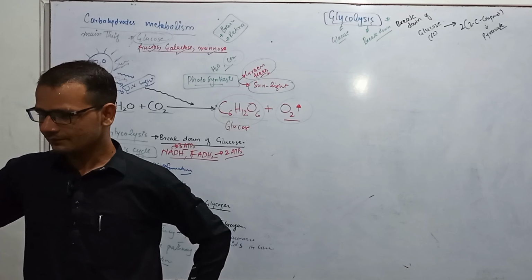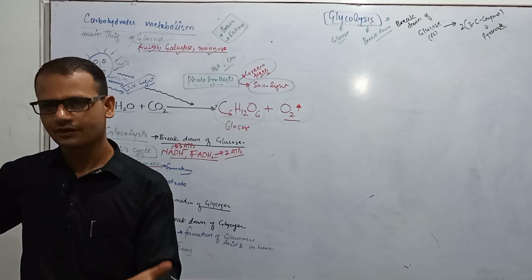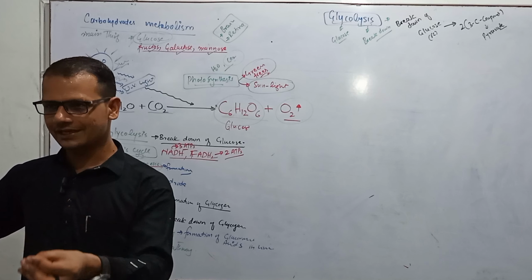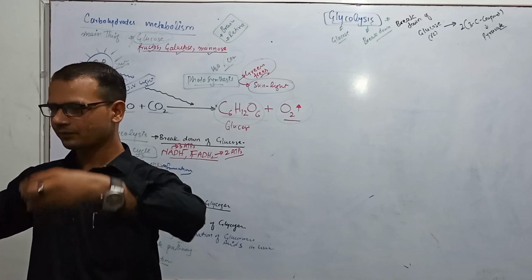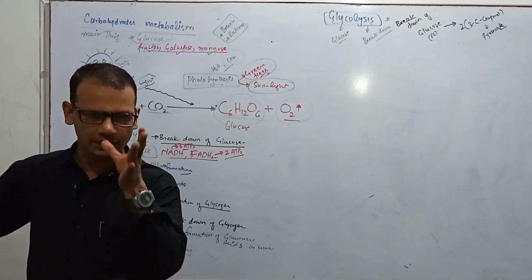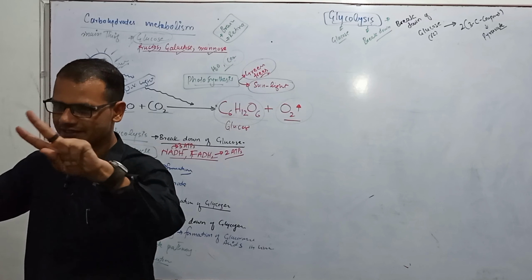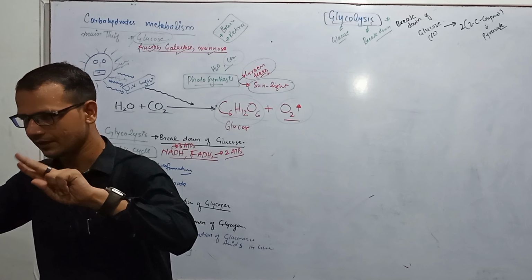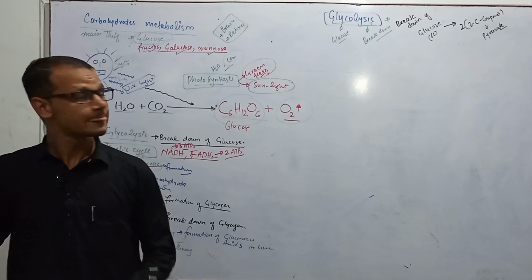Both. In the first step it will consume energy, and in the second step it will form energy, right? So energy is consumed in glycolysis, but also energy is produced in glycolysis, right? So we will divide glycolysis into 2 phases. One is called the energy consuming phase, and the second is called the energy productive phase, right?